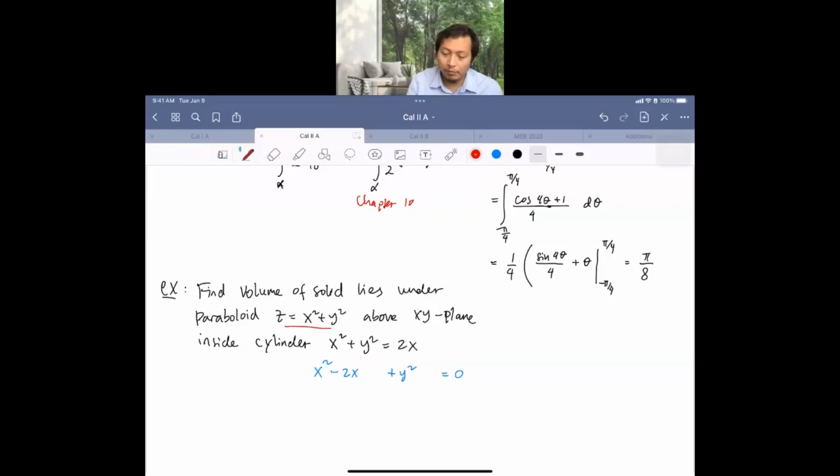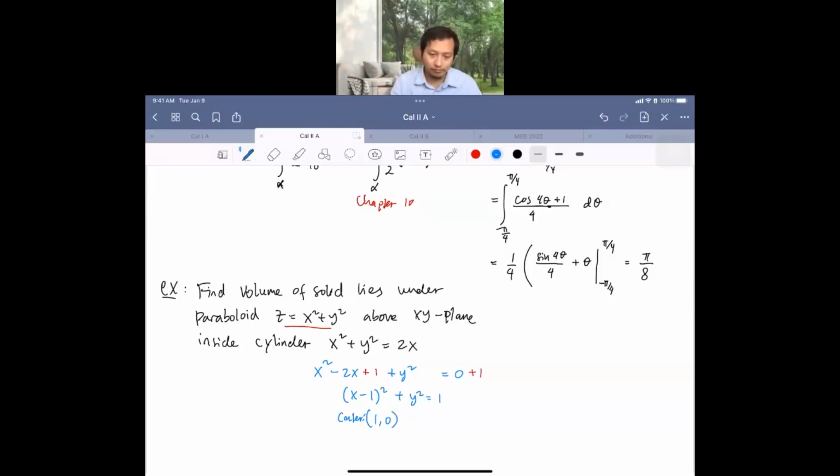I think we can just add 1, so we have x minus 1 squared plus y squared equals 1, which means the cylinder has its center at 1, 0. At least from here, you could easily imagine a cylinder and its intersection with the paraboloid.